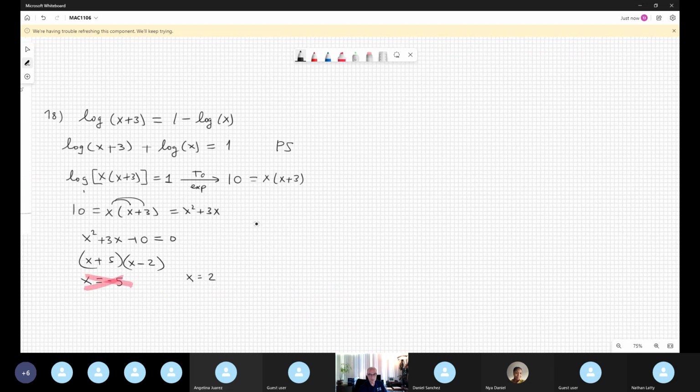The original says, I need to verify the logarithm of 2 plus 3. So you should replace x for 2. Should be equal, I claim that, I'm not sure if it's true, 1 minus logarithm of 2. 2 plus 3 is 5. This is easy.